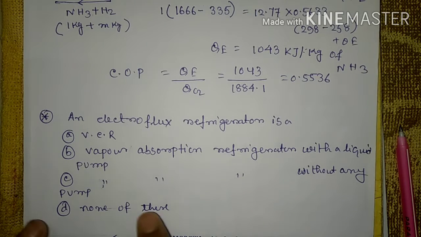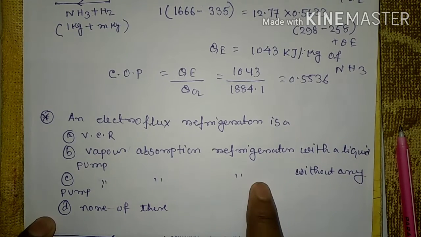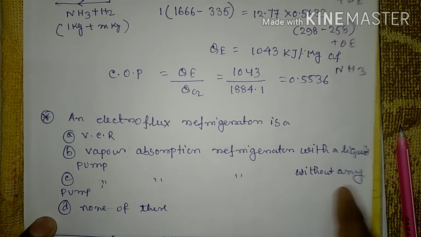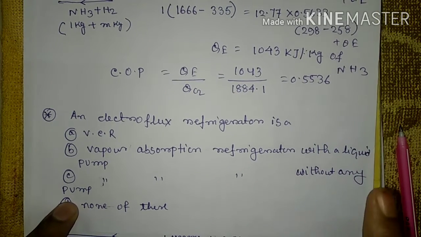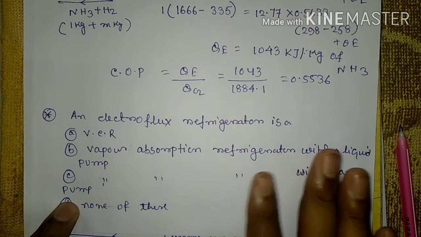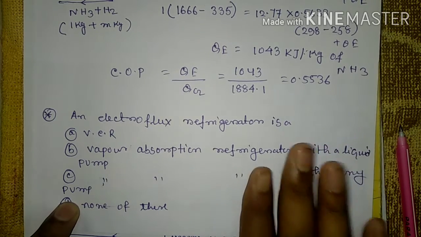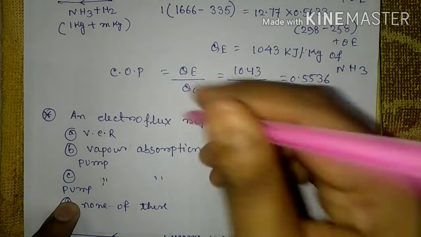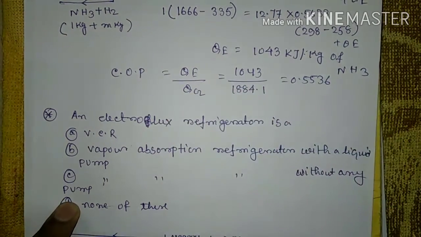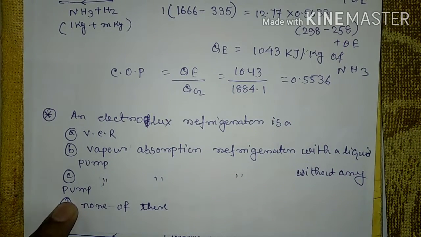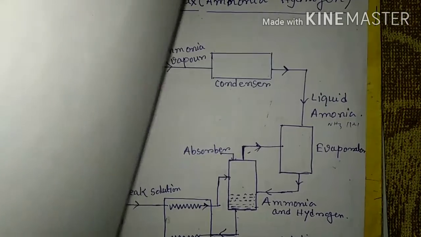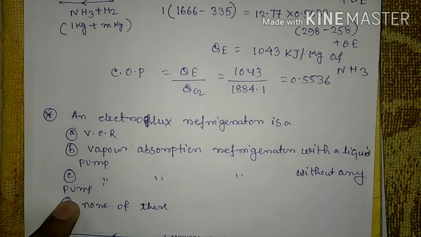The answer is the vapor absorption refrigeration system without any pump, because in the Electrolux refrigerator there are no moving parts and no pump is used, so the machine operation is noiseless. So option C is correct.